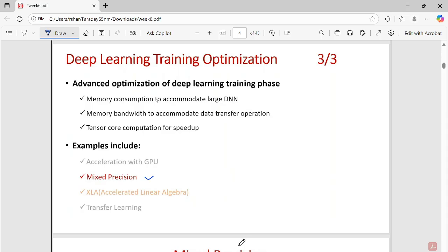To speed up the computation, some of the advanced optimization techniques to accelerate the GPU include something called Accelerated Linear Algebra, or XLA. This is a special compiler for TensorFlow. It is also used in transfer learning.